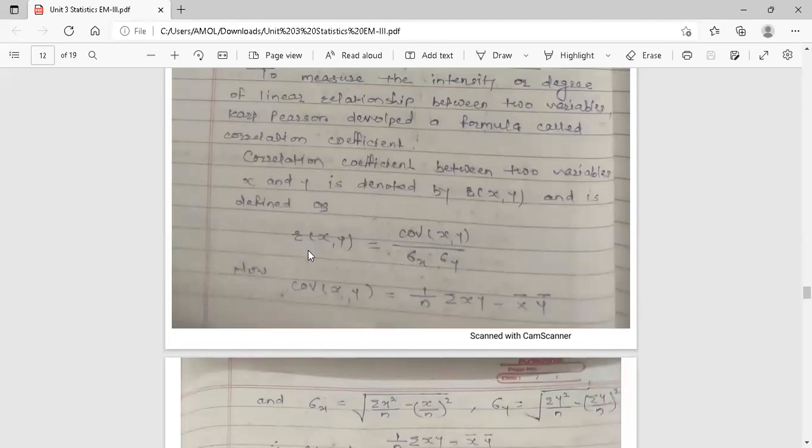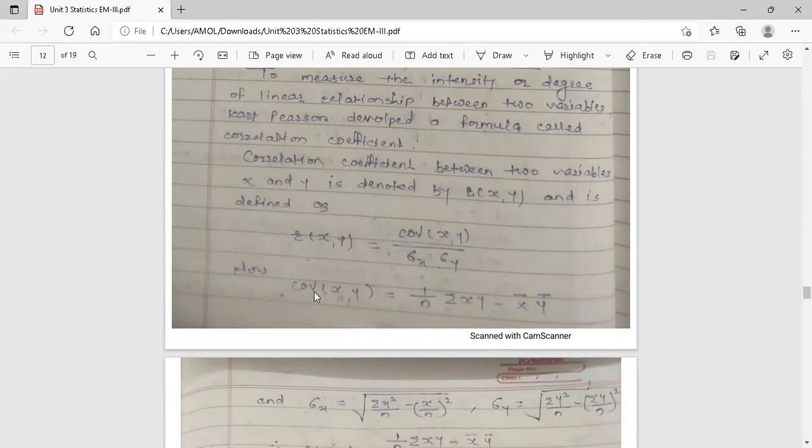We denote it by the letter small r, and it is the correlation between two variables x and y. So in brackets write x comma y. This is the proper notation of the coefficient of correlation. r of xy is equal to covariance of xy upon sigma x into sigma y. Sigma x, standard deviation of x, into standard deviation of y.